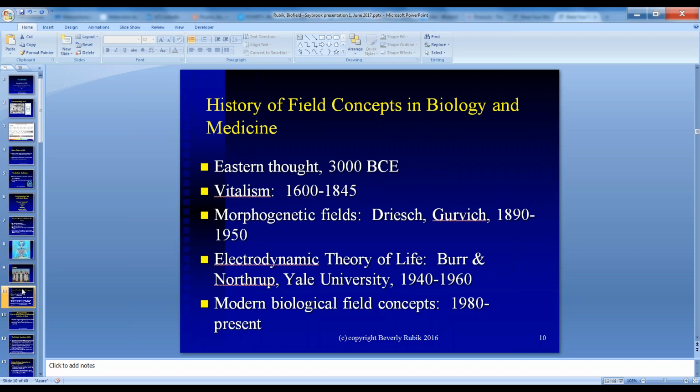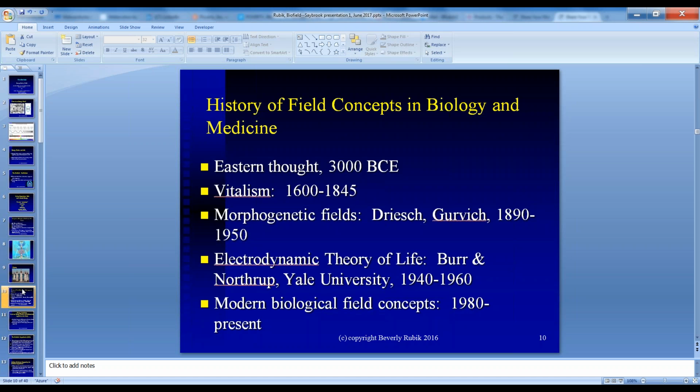In looking at embryology and morphogenesis, the early embryologists in the late 19th and early 20th century talked about a field that would shape life, called the morphogenetic field. Because if you watch the organism, the fetus unfolding, it's really amazing, and it seems to be guided by a field, not too different from that magnet that I showed you earlier with a head and a tail. There was a famous theory at Yale University, and it came up around the same time that DNA was discovered.